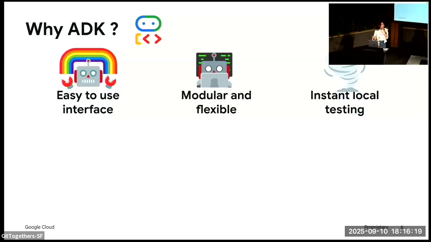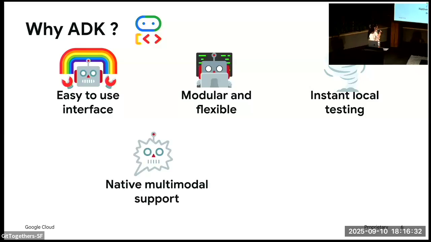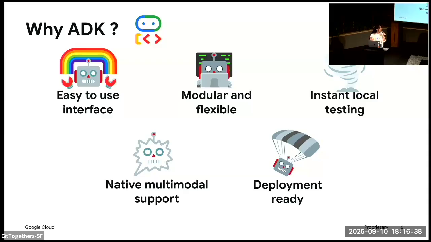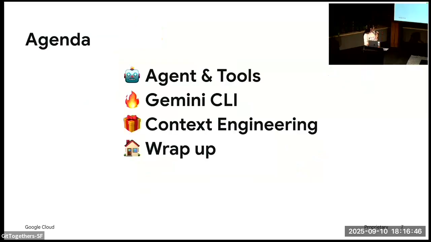It has a web UI, an ADK UI, that you can use to instantly test and see the result. You can evaluate the agent, which I'm also going to talk about today. It also has native multimodal support, so you can have audio input, and it's deployment ready. You can deploy to Cloud Run or Agent Engine, because it's very easy in the Google Agent Stack.